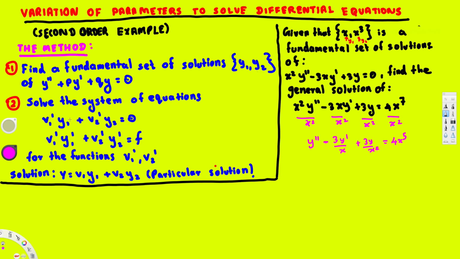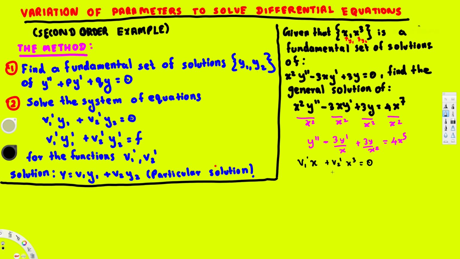Now let's go ahead and create our equation. Okay, so first we have v1 prime times y1, which is our x value, so this is going to be x, plus v2 prime times y2, which is x cube, is equal to 0.